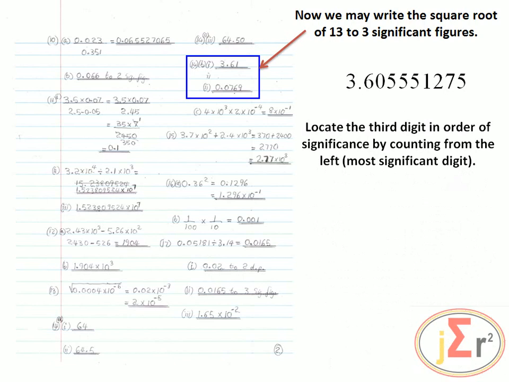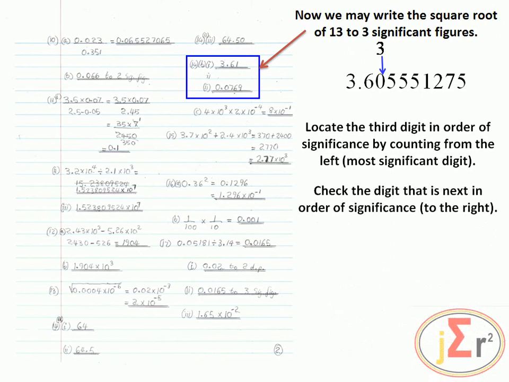So we will begin at the most significant digit that is located to the left, and we will count 3 digits. By so doing, we would have located the third digit in order of significance. So 1, 2, 3, which is that one.